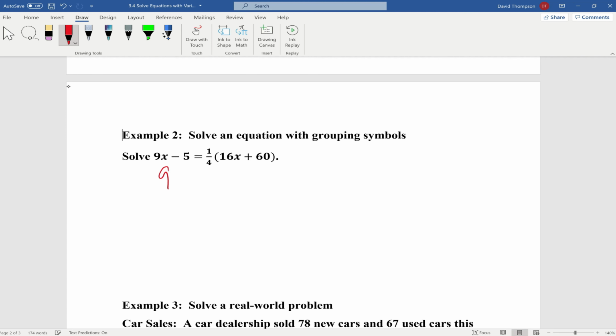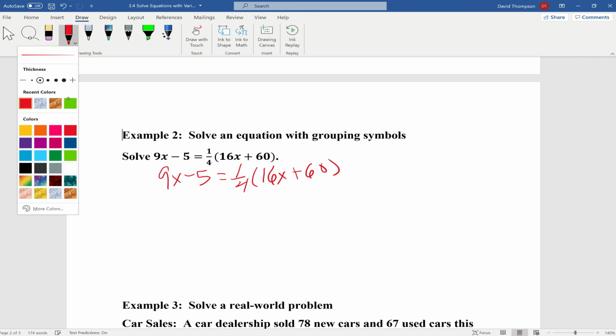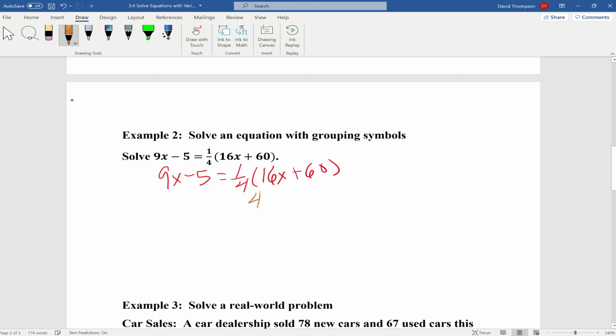Next, we're going to distribute. So 1/4 times 16 is going to be 4x, plus 1/4 times 60 is going to be 15. And just write down the left side again.